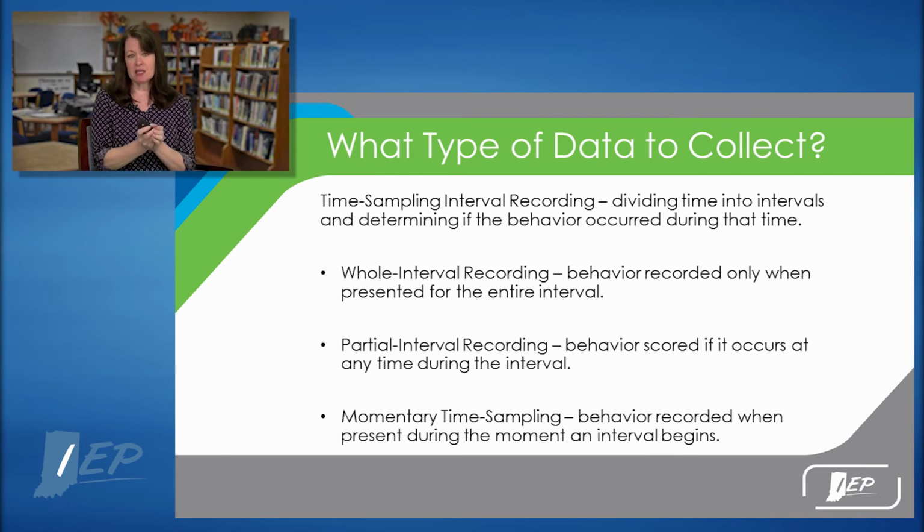So in momentary time sampling, again, we've divided our observation period into intervals. Most of the time I use 30-second intervals, and at the point that a new interval starts, so at only that very second that a new 30-second period starts, I record the behavior that's happening with the student.